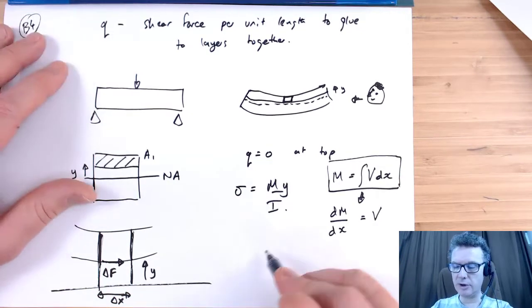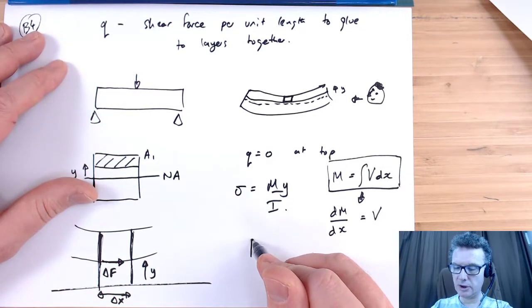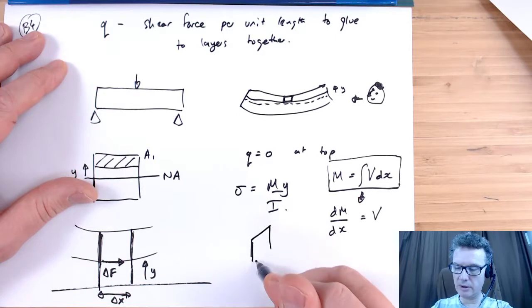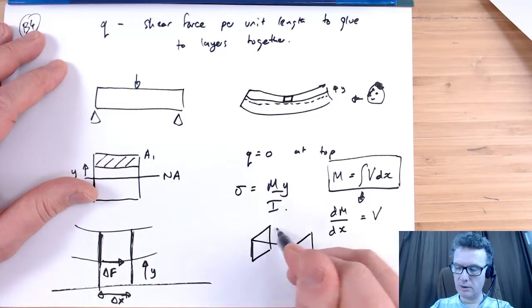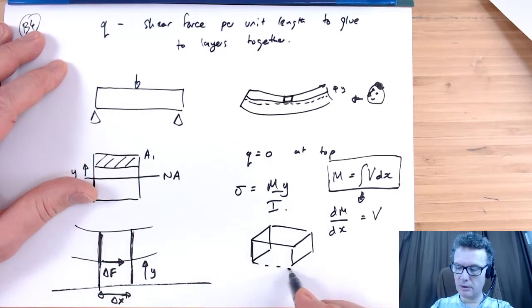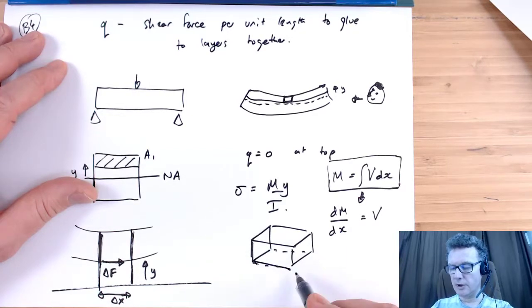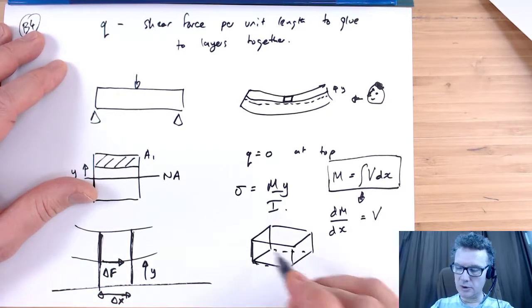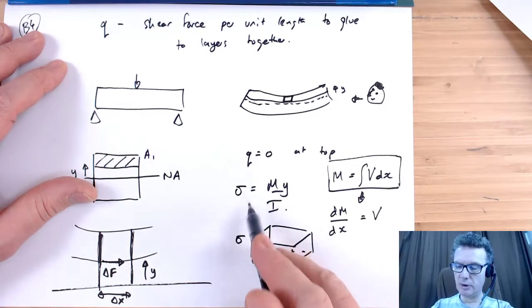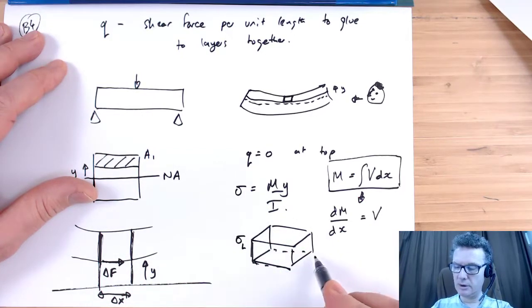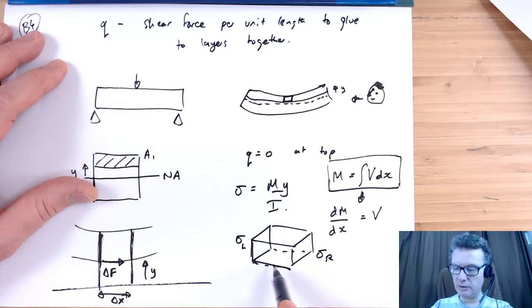So if we were doing a 3D sort of projection here, so if we did worry about the thickness, what I want to do is integrate sigma on the left side and sigma on the right side, and I need a force.